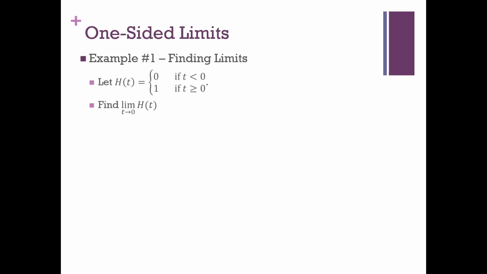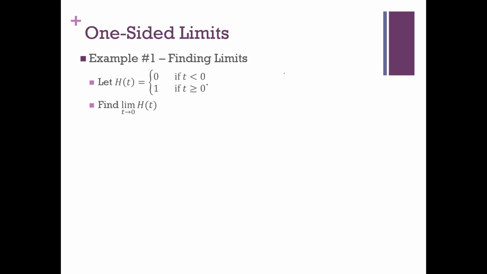I know I got quite a few engineering majors in here. Has anybody ever heard of the Heaviside function? It's named after the engineer who came up with it. Basically, if t is a negative value, then my function is valued at 0. If t is 0 or a positive number, then my function is valued at 1.